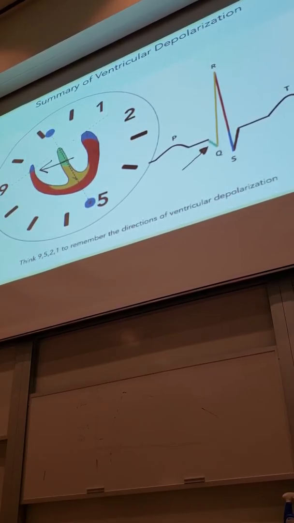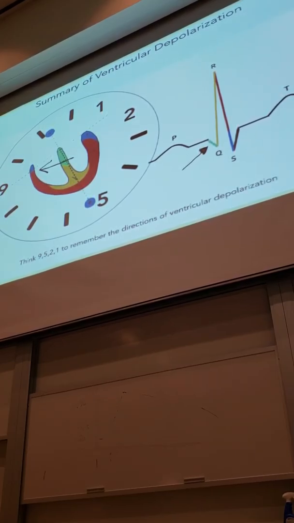So depolarization towards positive gives a positive EKG deflection. Depolarization towards negative gives a negative EKG deflection. And you can see that it's not a lot towards the negative, just a little bit, and that's why we have such a tiny little wave. Any questions about that?